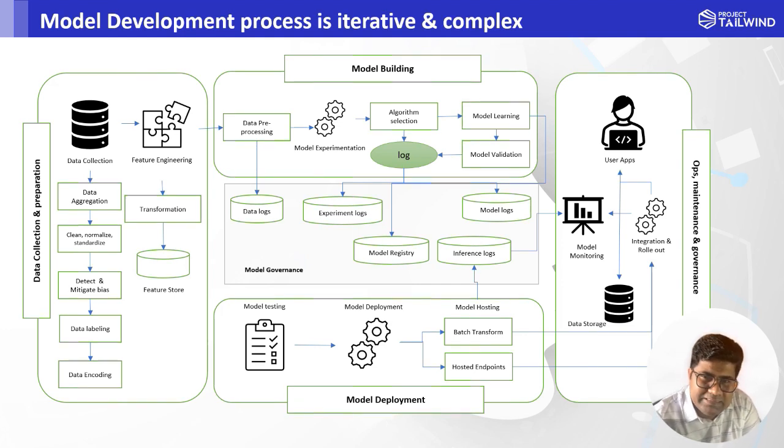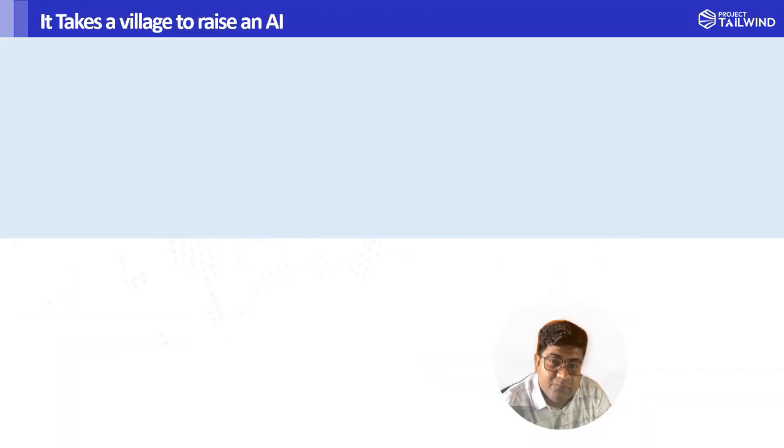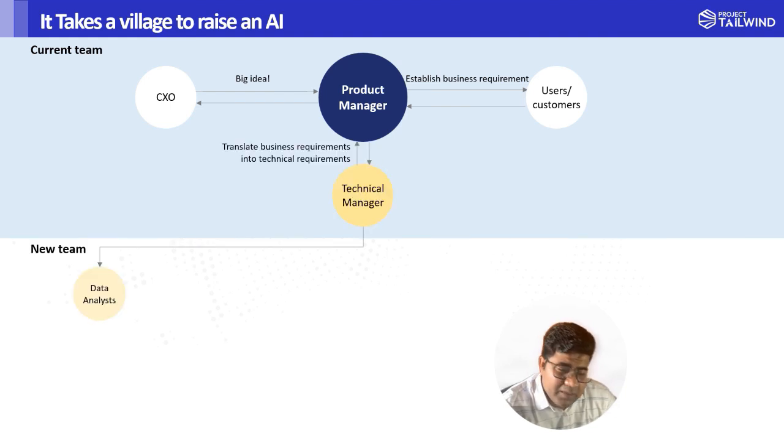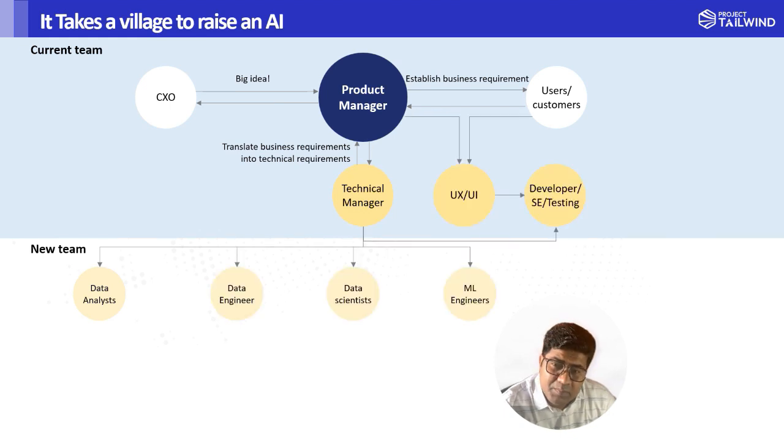Throughout all these stages, as you can imagine, product managers are essential in bridging the gap between technical teams and business executives, ensuring that AI products serve both customer needs as well as business strategic goals. As you have seen, it takes a village to raise an AI. It involves a team of data scientists, engineers, architects, UX/UI specialists, ML engineers, and people responsible for governance, etc. Remember, successful AI products are not just about technology.